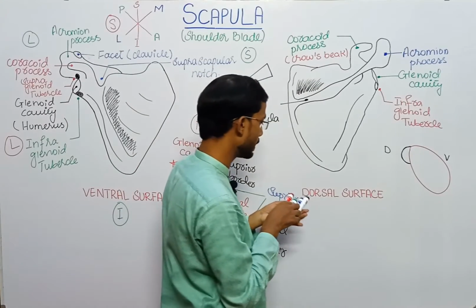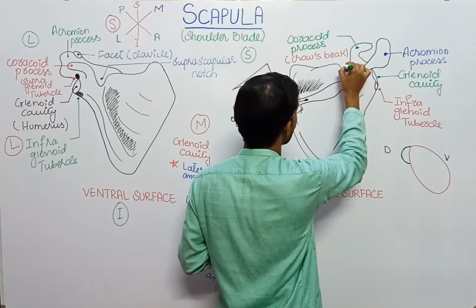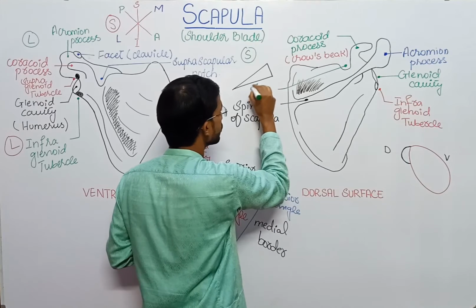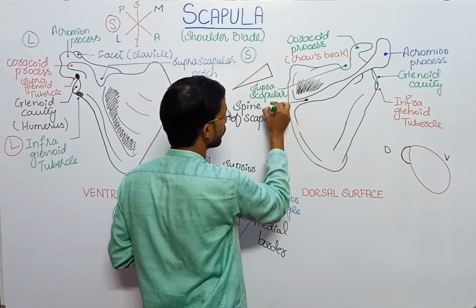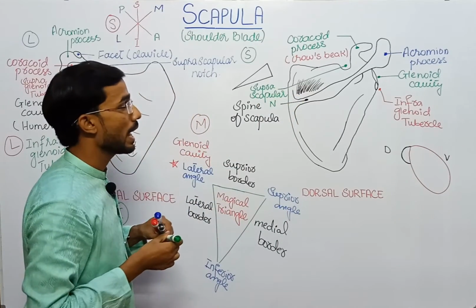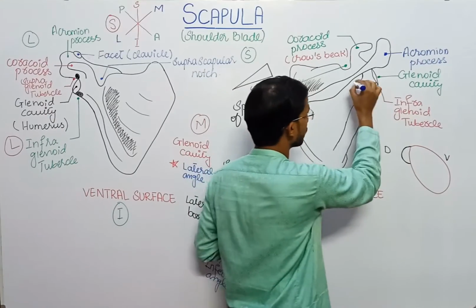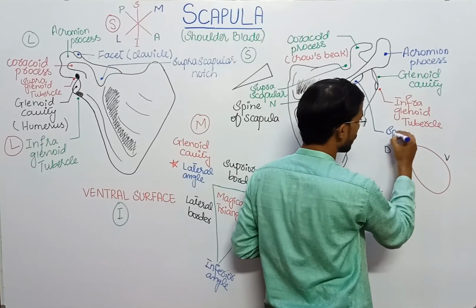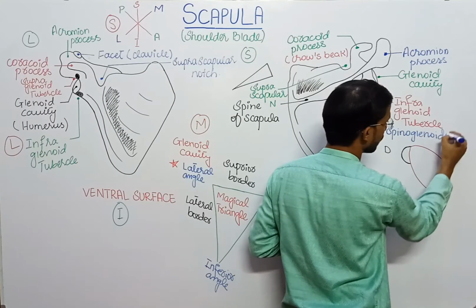And here you can see this notch is basically the same as the previous one, and this notch is the suprascapular notch. And here is another notch which is called the glenoid notch.